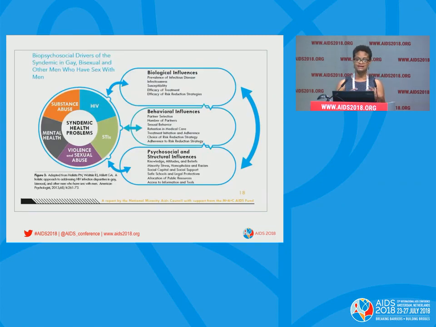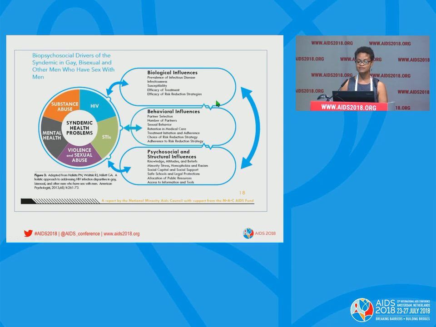Since that seminal SAVA syndemic was described, many other populations have explored how syndemics influence HIV in that population. So this is one example by the National Minority AIDS Council that was adapted from Halkitis and colleagues of biopsychosocial drivers of syndemics among men who have sex with men. And you can see it includes these multi-level influences.